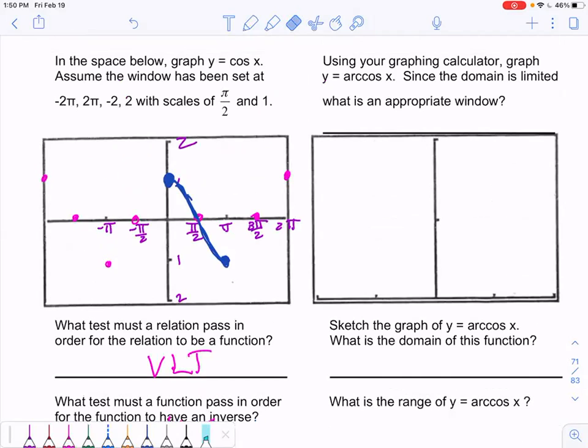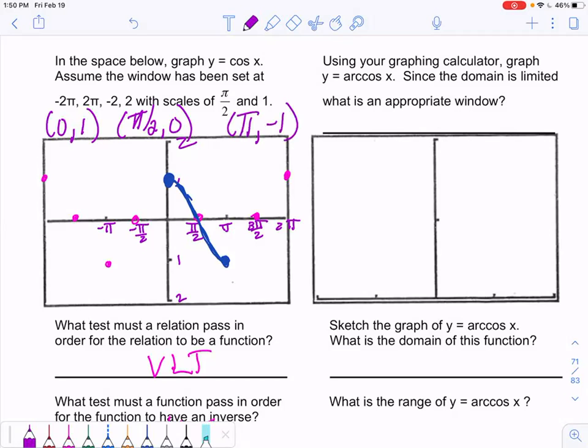So the next thing we're going to do, just like we did with sine, is graph the inverse. And we did that by making ordered pairs for sine. So make ordered pairs for cosine, starting at (0, 1), at (pi over 2, 0), and then at (pi, negative 1).